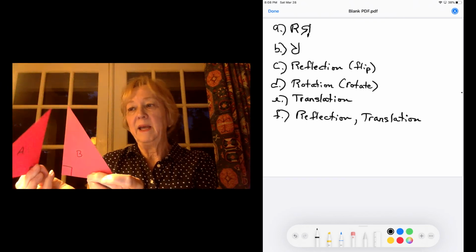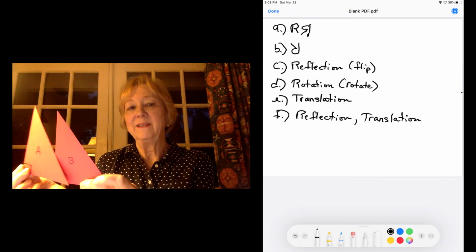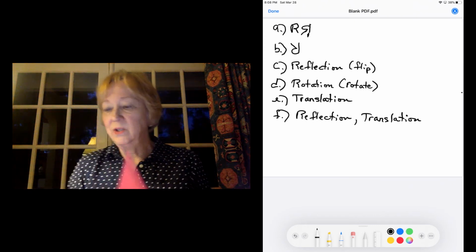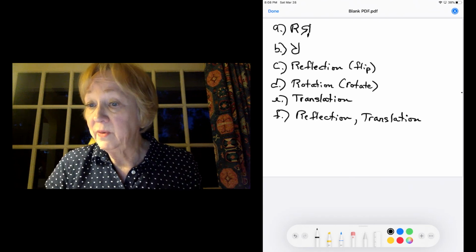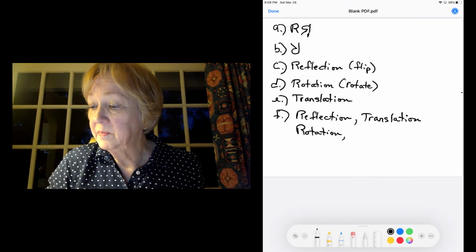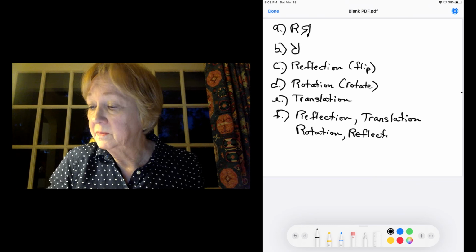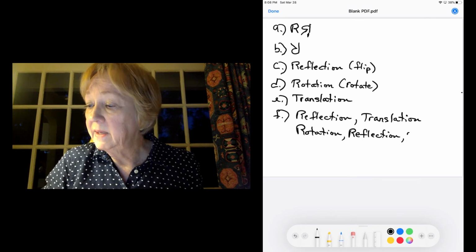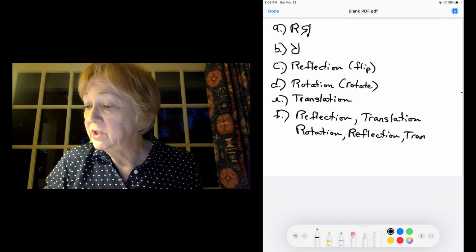We could flip A, and then we could slide A. So there are 3 movements for that. Rotation, reflection, and translation.